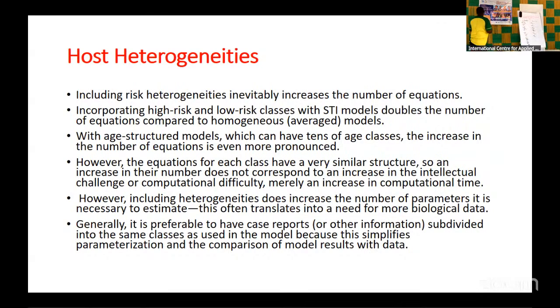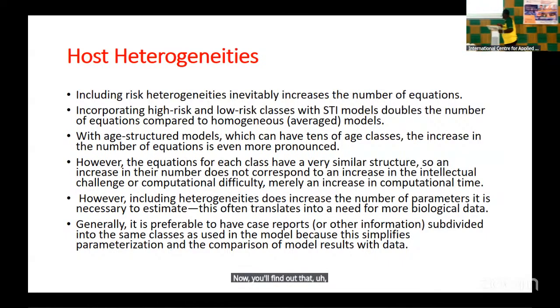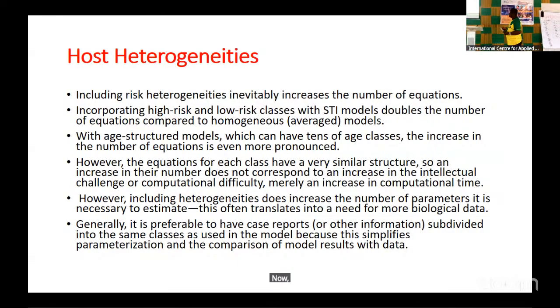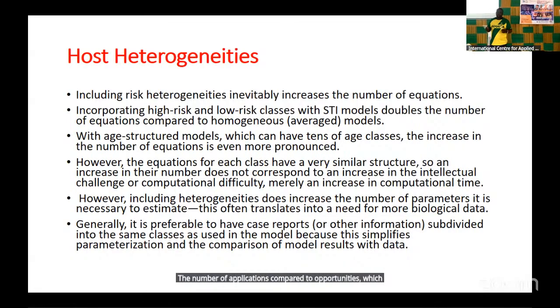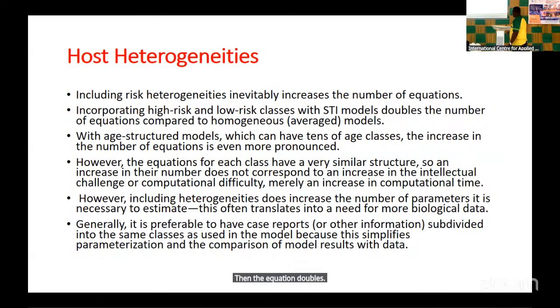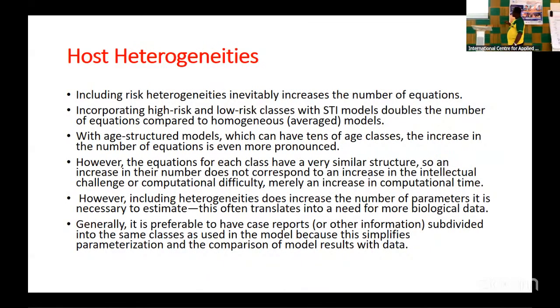Now, you find out that incorporating high risk and low risk classes with an STI model doubles the number of equations compared to the homogeneous, average model. If it's homogeneous, it is treated like this, but since I am making it heterogeneous, the equations double. And with age-structured models, we can have tens of age classes.